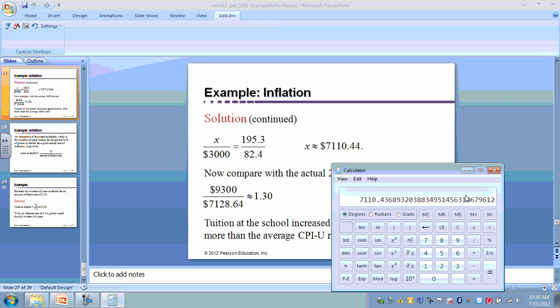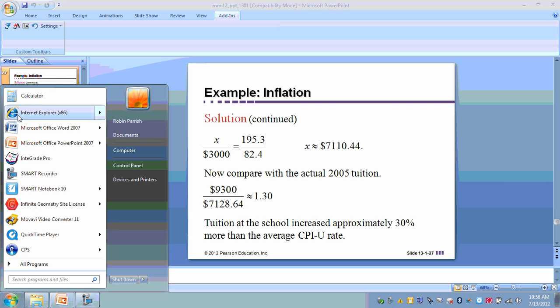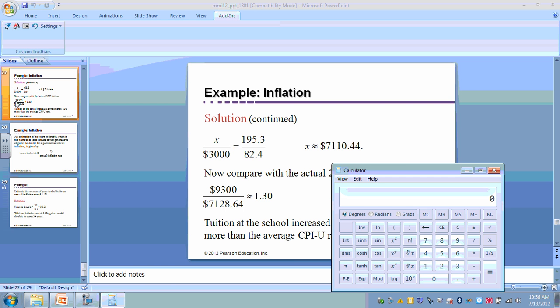Okay, so what we want to do here is we want to take 9,300 and we want to divide by 7,110.44. Okay, and we get the same number, 1.307, so we'll go with that number.